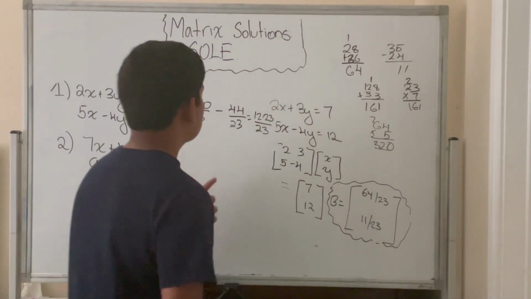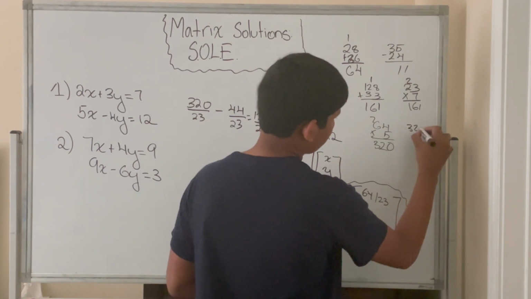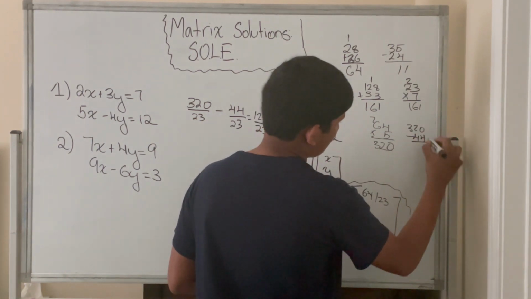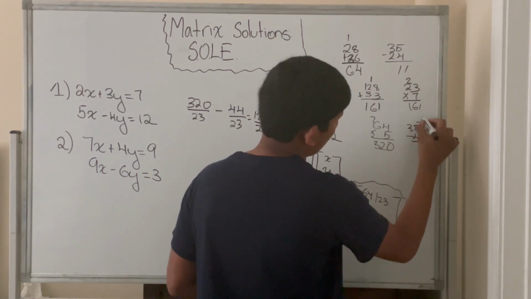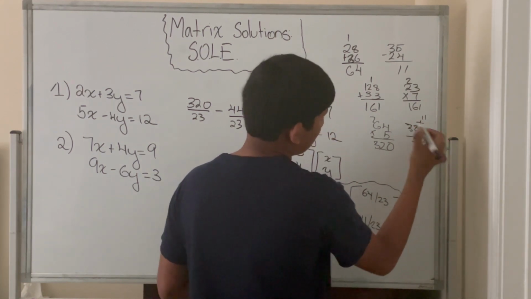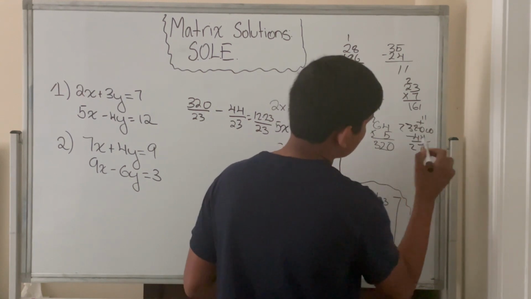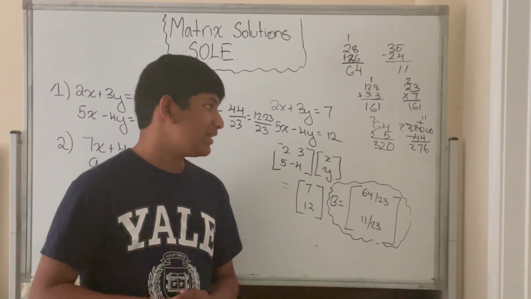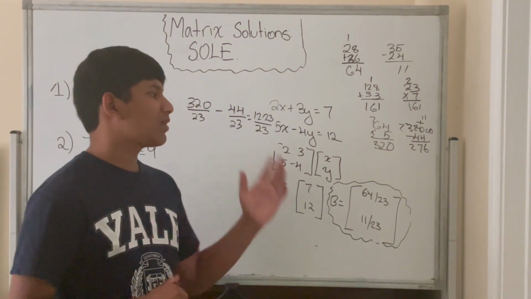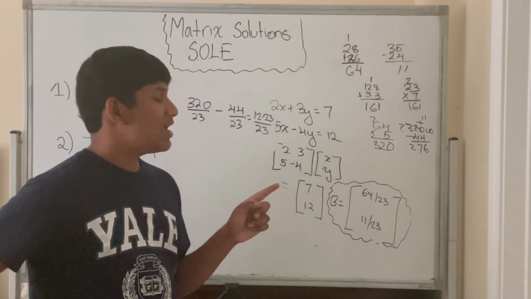Okay, so 320 minus 44 is just going to be 10 minus 4 is 6, 2 minus 1 is 1, 3 minus 0 is 3, so 276, because 276 plus 4 is 280, 280 plus 20 is 300, and 300 plus 20 is 320.